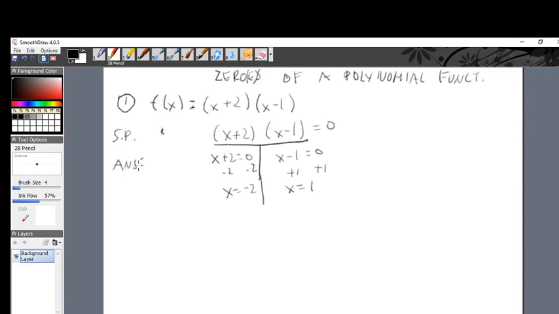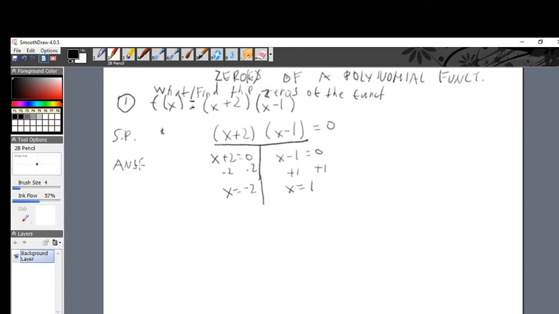What was the question? I should have put up the question: find the zeros of the function. I'm leaving out the E. That's the question.